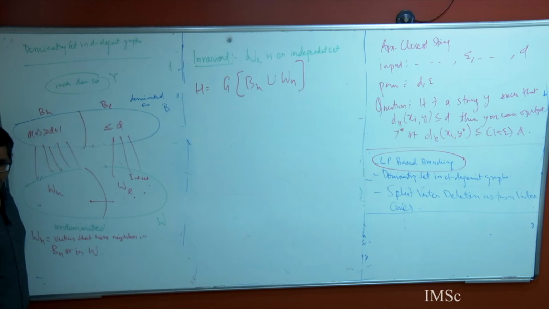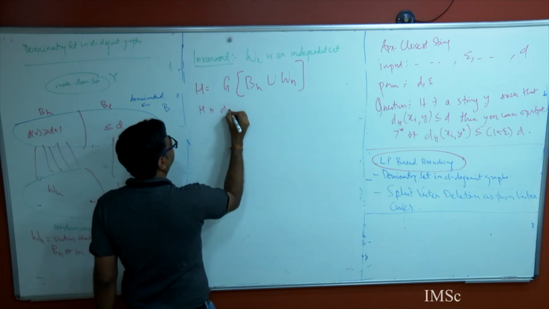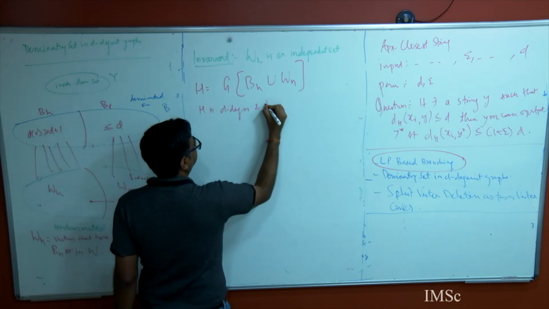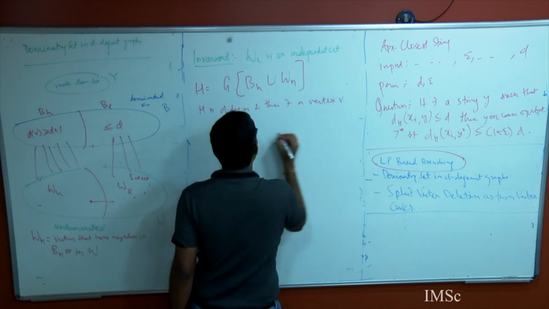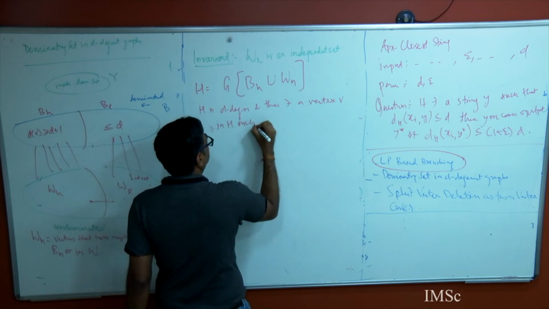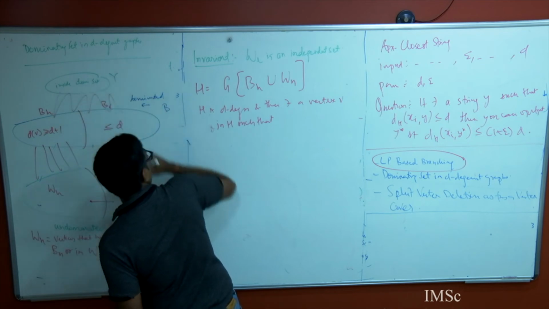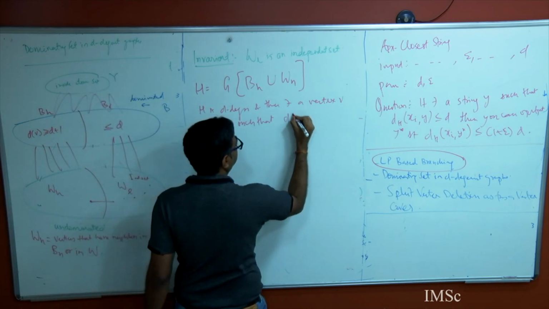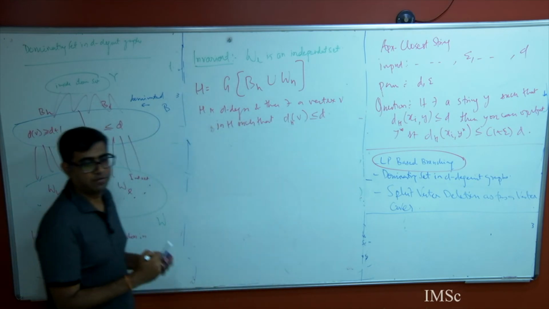It's also a D-degenerate graph, and it should have a vertex of degree at most D. H is D-degenerate, and hence there exists a vertex V in H such that the degree of V in H is at most D. Where is that vertex?